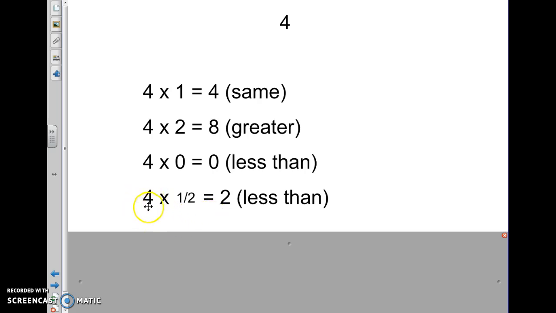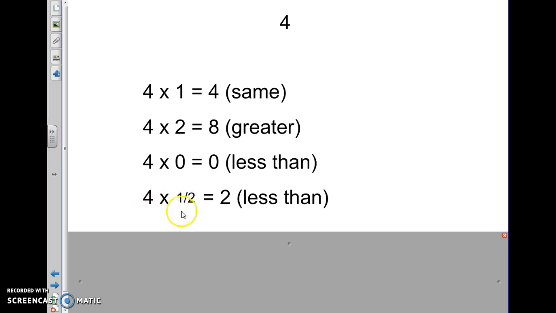So if we have a given number of 4 and we multiply it by a fraction, which is, in this case, half, and half is less than 1, right? We get a product of 2, which is less than our given number. So anytime that we're multiplying by a regular fraction where the numerator is smaller than the denominator, that means that the value of that is less than 1, right?